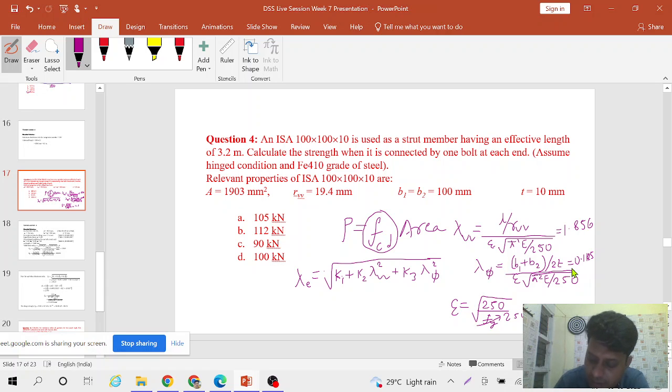Okay, I'm getting 200 upon 10 upon root over pi square into 2 into 10 to the power 5, divided by 250. That is 0.1125. Yes, correct.